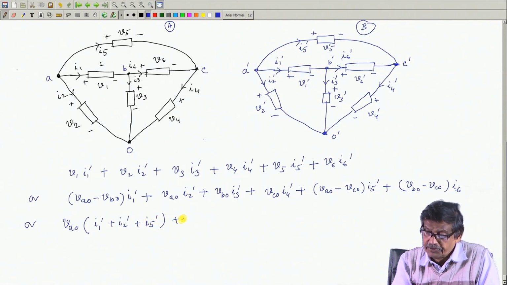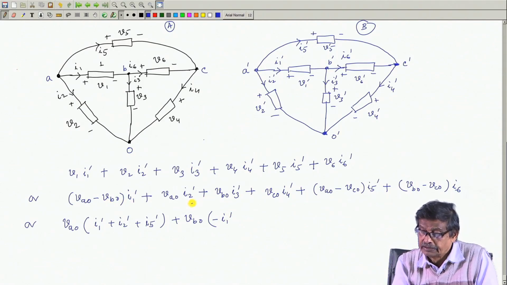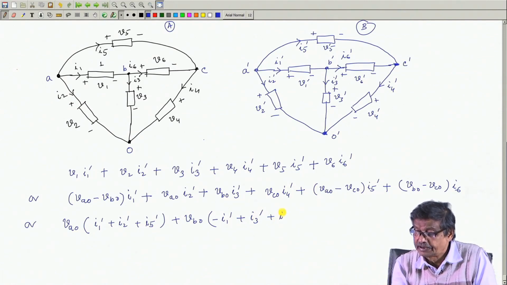Then for VB0, if you collect, it is minus I1 dashed from this, then plus I3 dashed from this term, and plus I6 dashed.